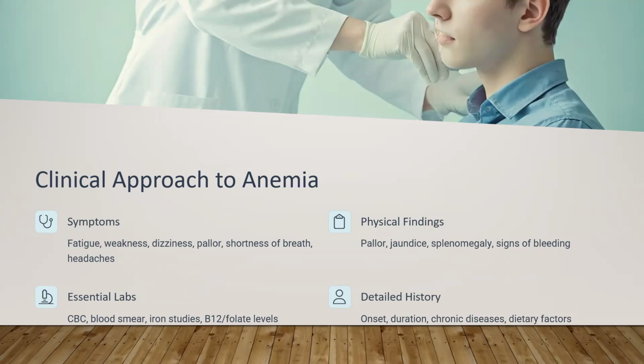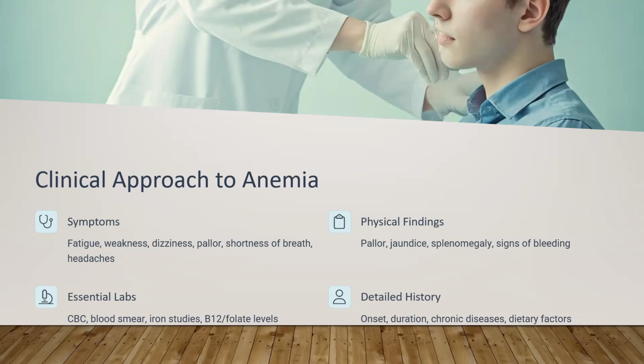Always don't forget about anemia, especially high output heart failure, because if the patient has low hemoglobin, the heart will work very hard to pump the blood, which is going to cause high output heart failure.